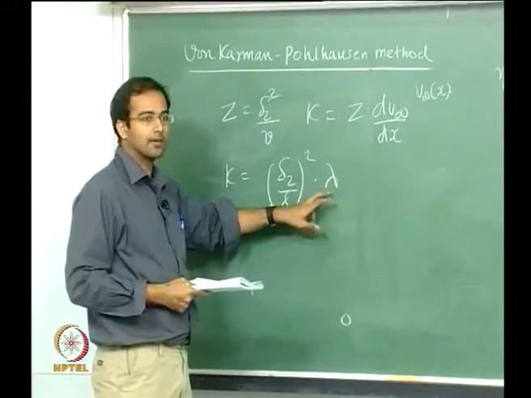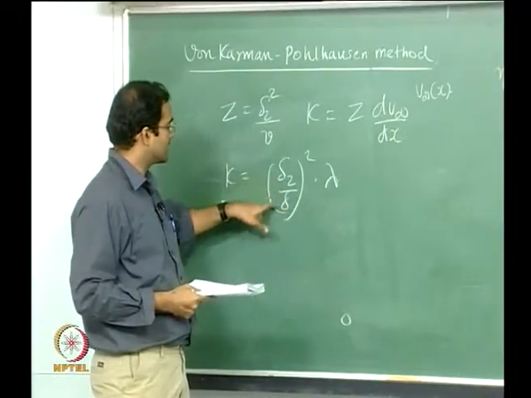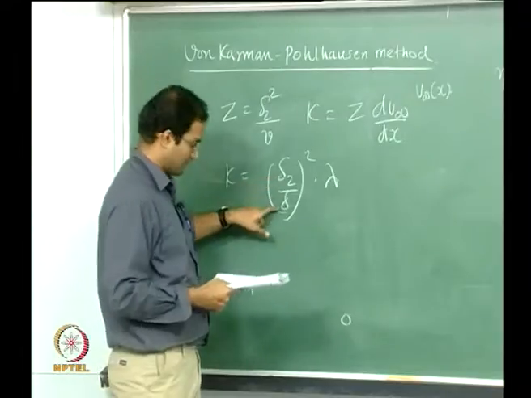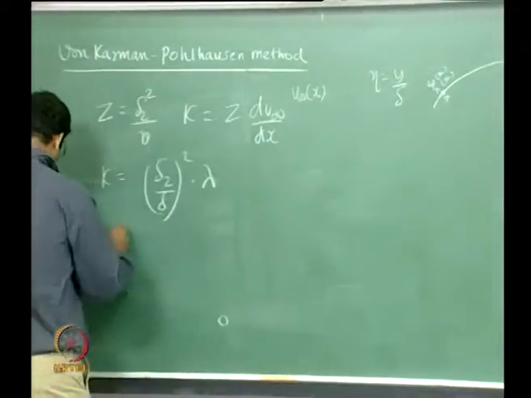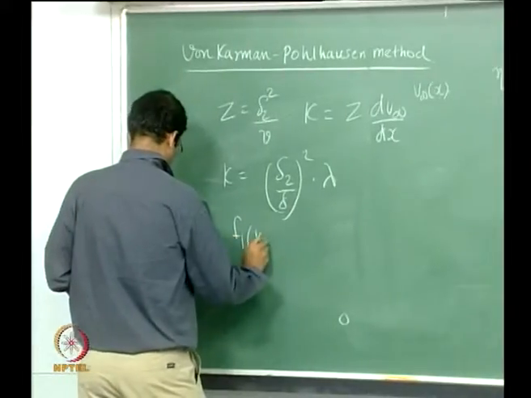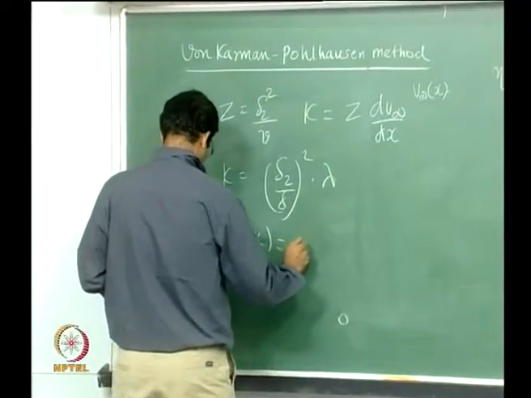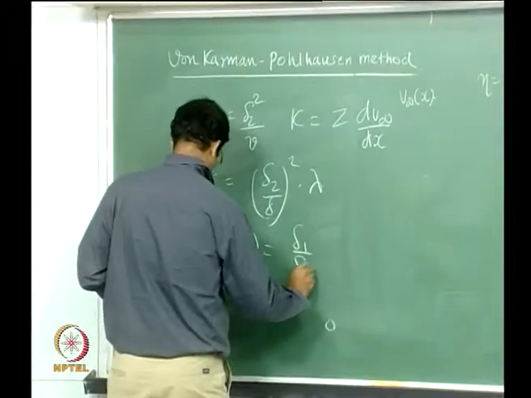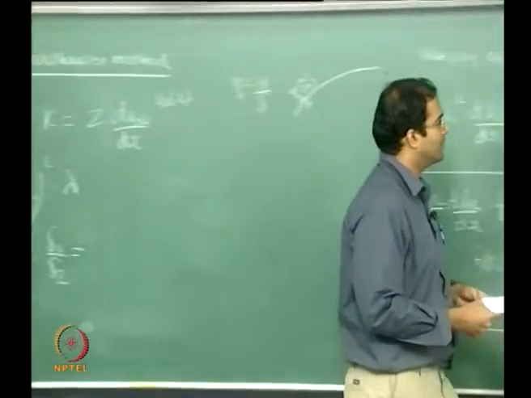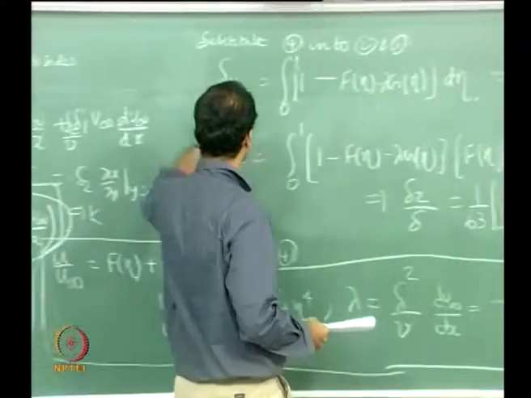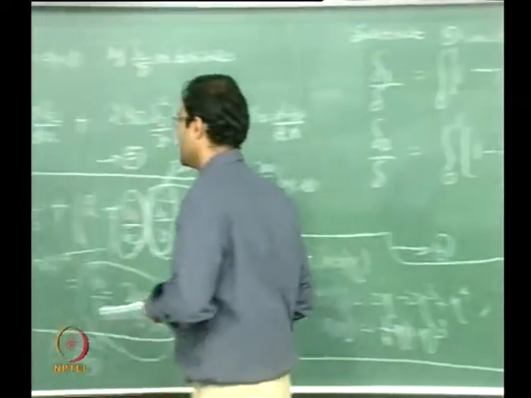Okay, so once again you see now the k is in terms of delta 2 by delta. And f1 of k, which I have introduced here, is nothing but delta 1 by delta 2. Now we have got expressions for delta 1 by delta and delta 2 by delta, so I am just going to take the ratio of these two.